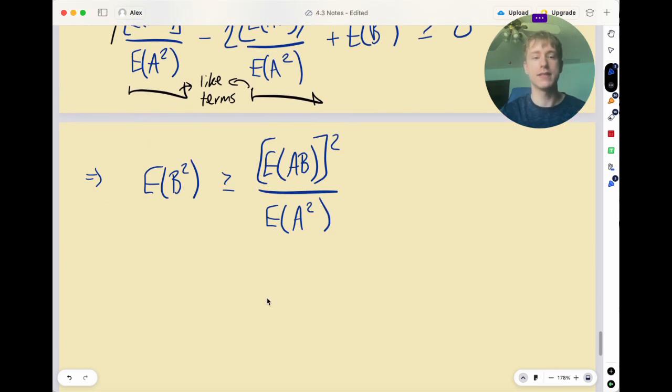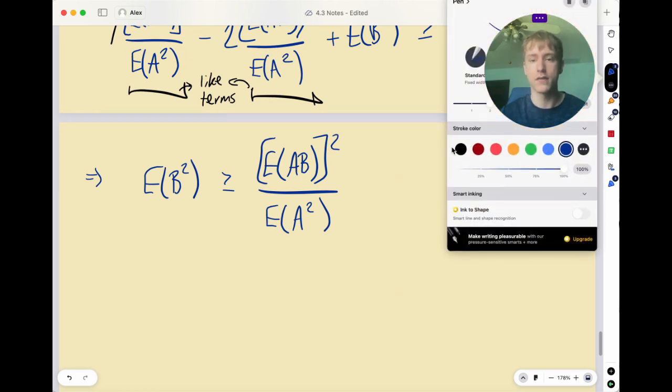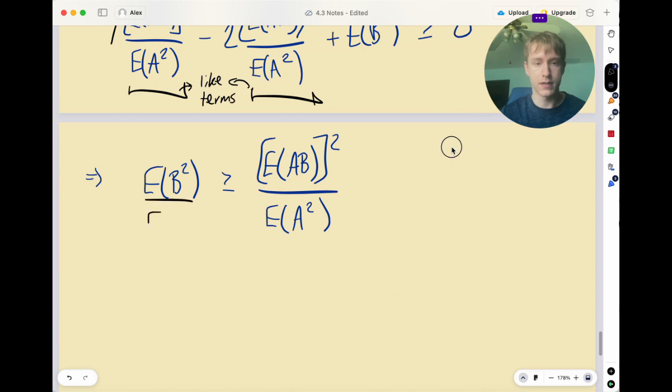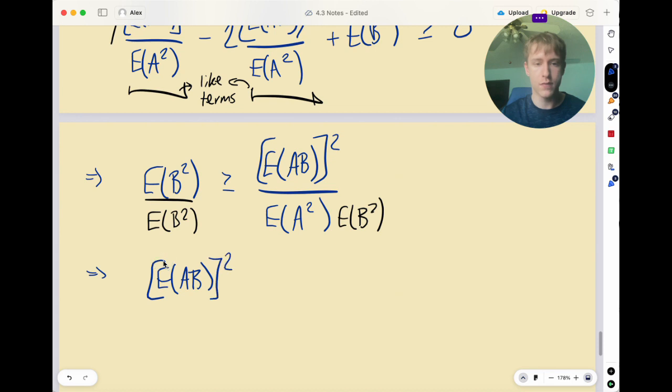And finally, since the expected value of B squared is going to be positive because B squared is positive, I can divide both sides by this expected value of B squared, just put that on the bottom here, so that we get that the expected value of AB quantity squared divided by the expected value of A squared times the expected value of B squared must be less than or equal to 1.